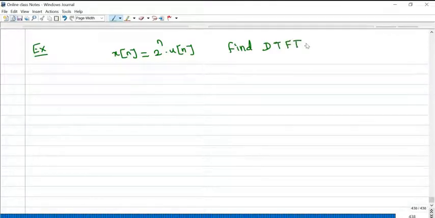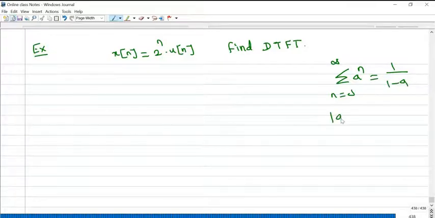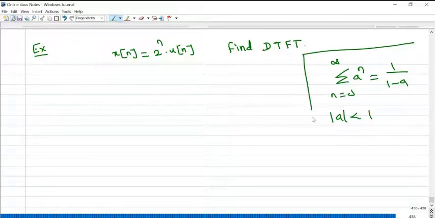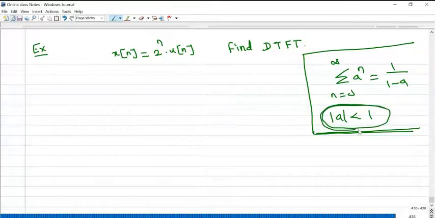Don't apply your a power n u of n formula directly, because the summation n equal to 0 to infinite a power n, result is 1 divided by 1 minus a, when a must be less than 1, right? Otherwise your result is infinite. Please remember this. This condition is very important.